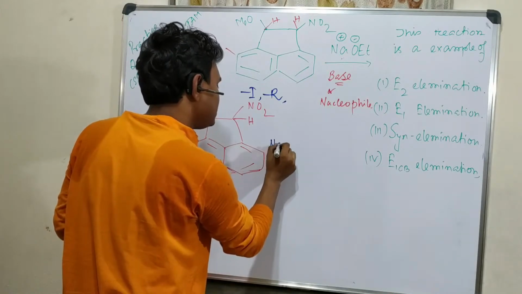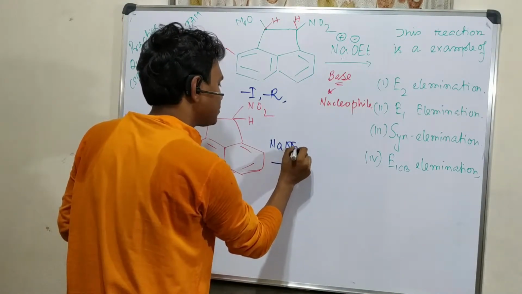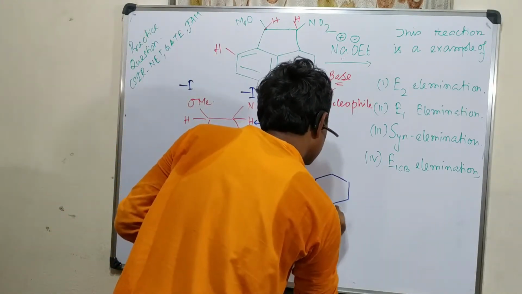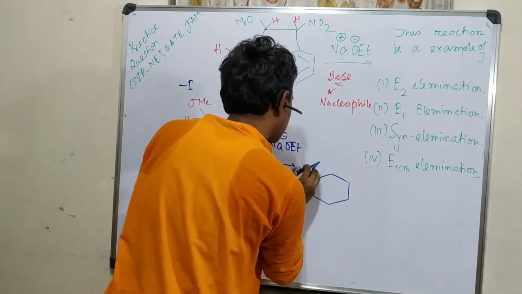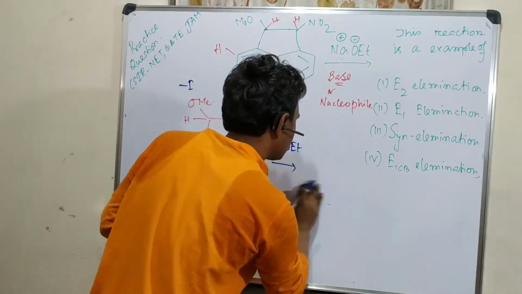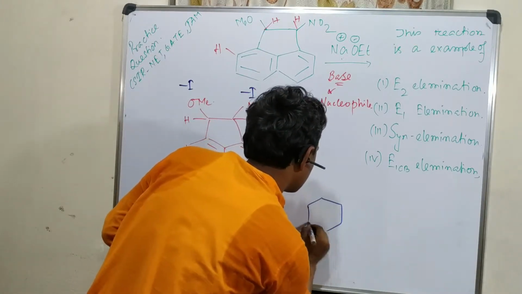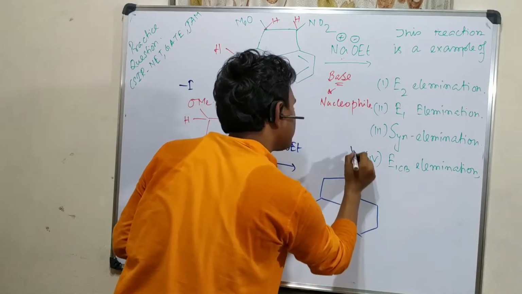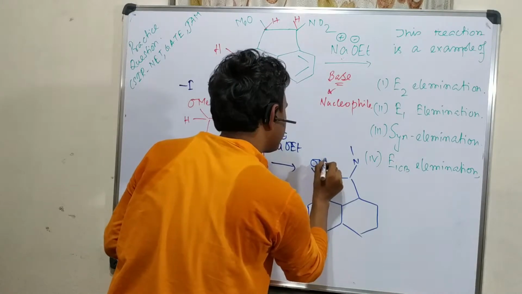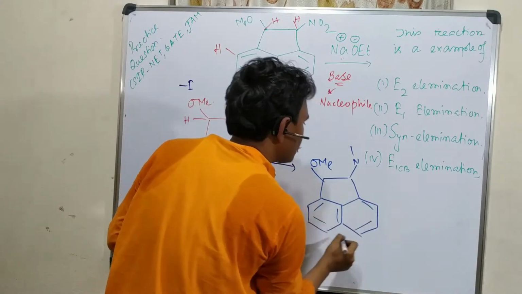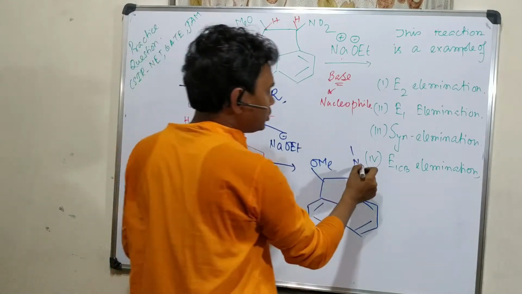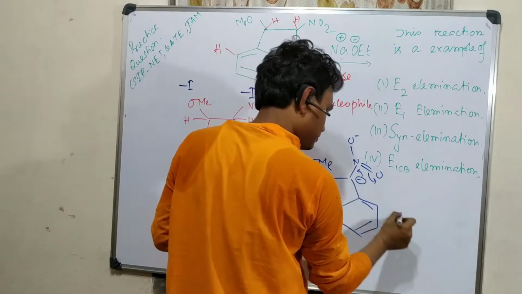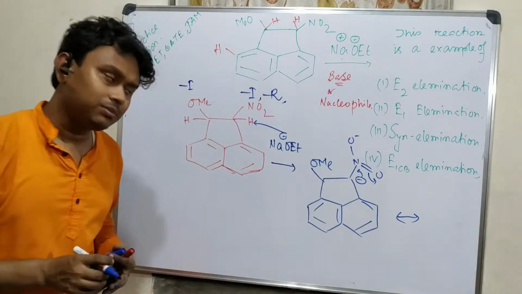So NaOEt as a base will abstract this proton, and what will it produce? An anion here, and this anion will be resonance stabilized by the nitro group, so it should have one canonical form. It is relatively stable.